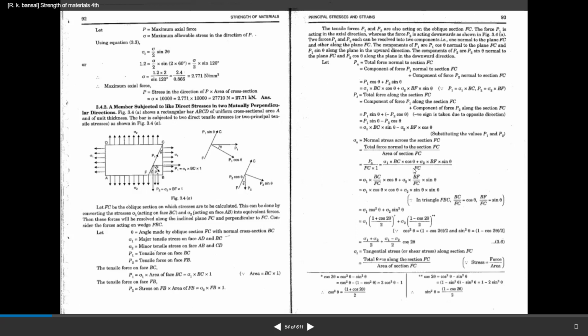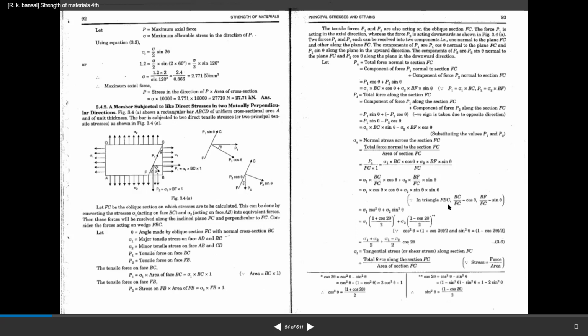That means sigma n equals sigma 1 into BC by FC into cos theta plus sigma 2 into BF by FC into sin theta. Dividing both sides by FC, this gives sigma 1 cos theta into cos theta plus sigma 2 into sin theta into sin theta.